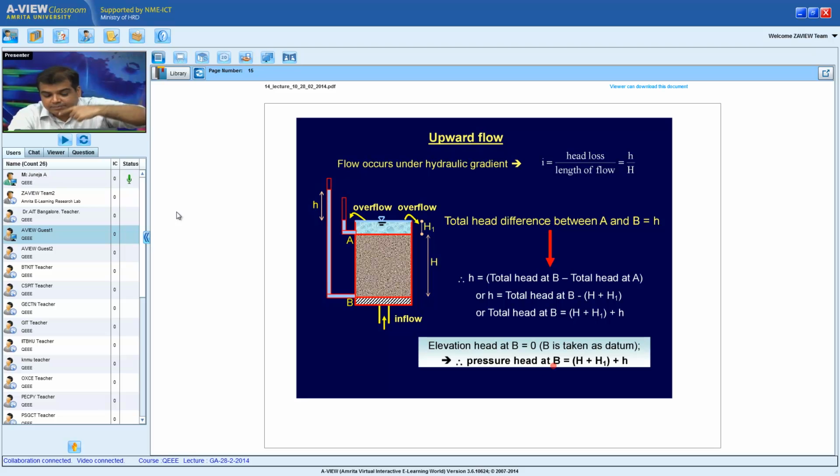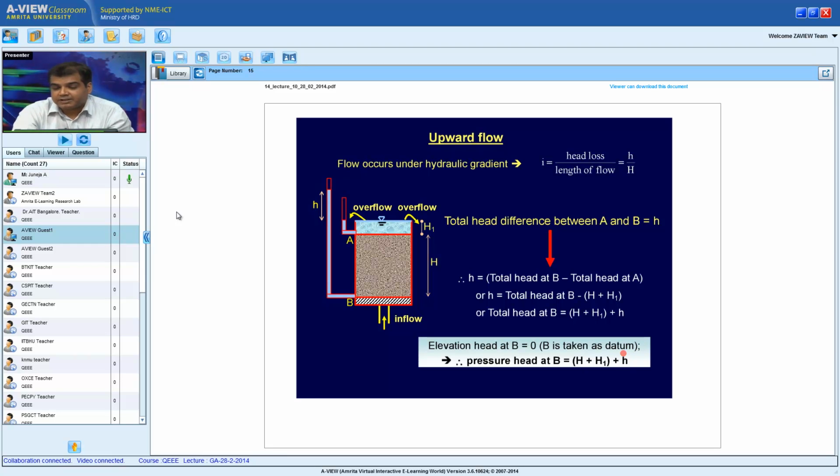So if I insert a standpipe at B, the water in the standpipe will rise up to this level. Obviously the water is flowing upward, so pressure at B should be higher than the pressure at A. But let's look at this carefully. Pressure at B, because of the upward flow, has increased in the standpipe by a value, small h.